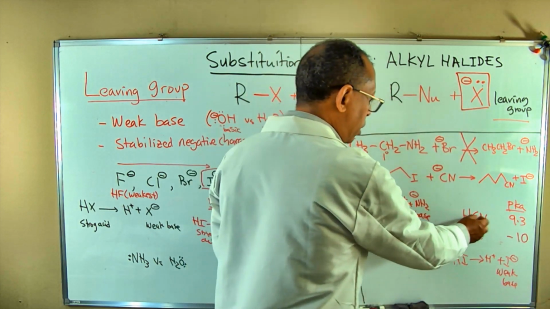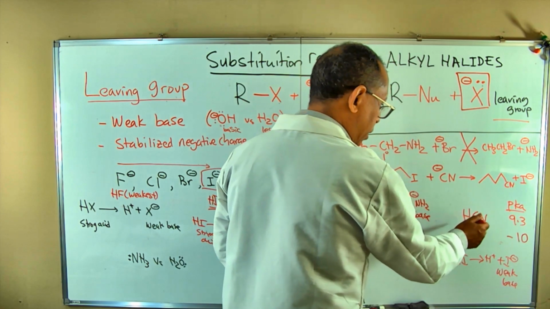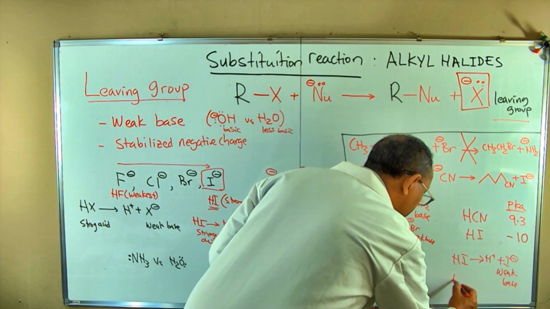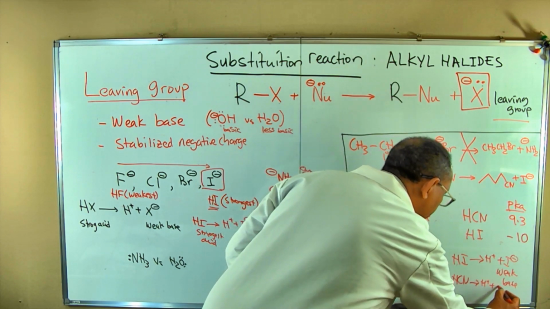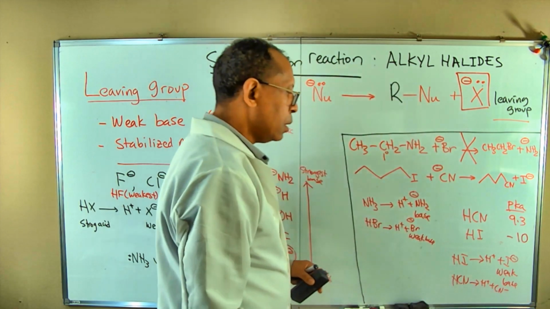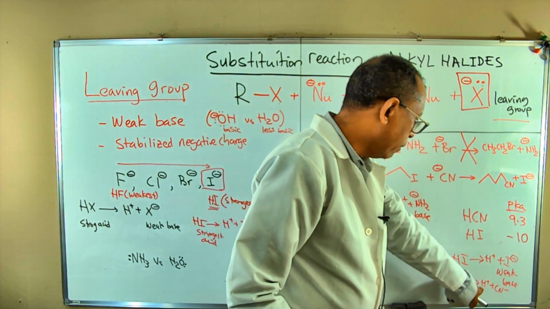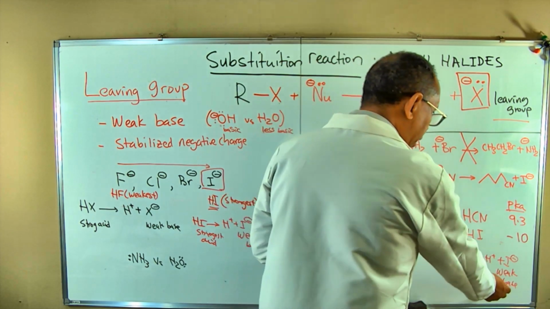But if you compare HCN, HCN is a very weak acid. Therefore, when HCN is generated, H plus and CN minus, what it means is the hydrocyanic acid, when it gives you H plus and CN minus, it's not giving you a weak base.